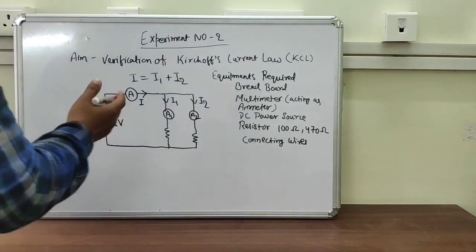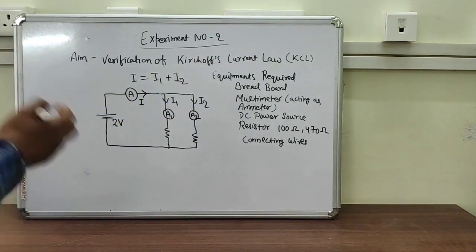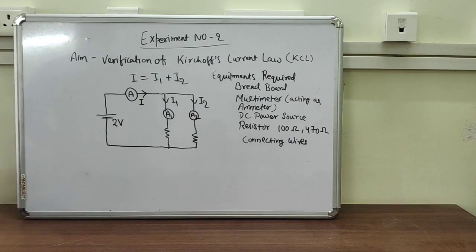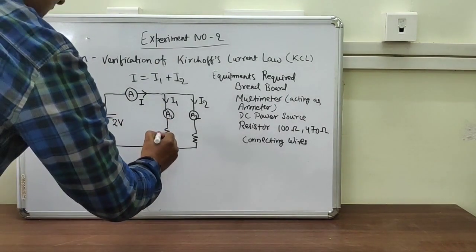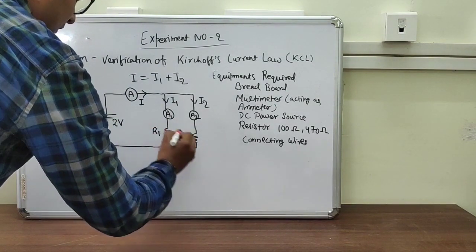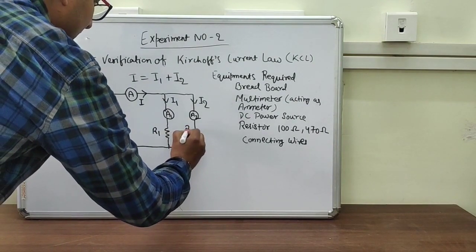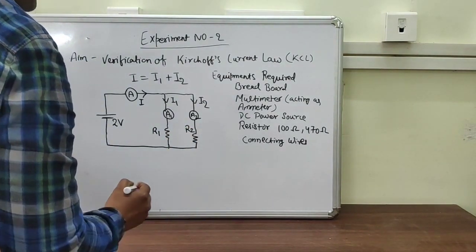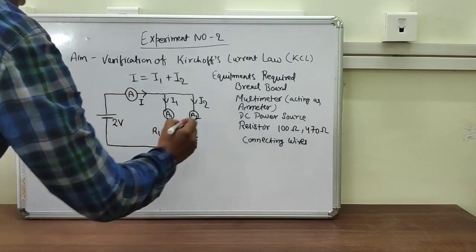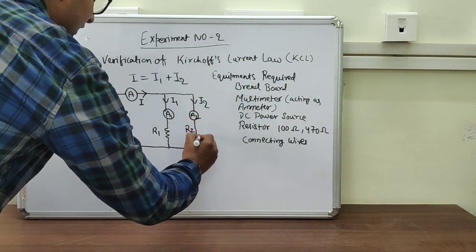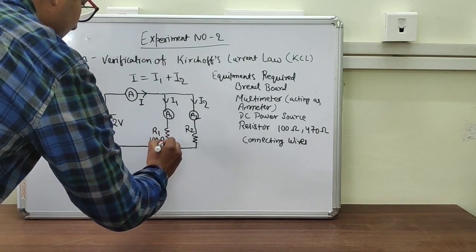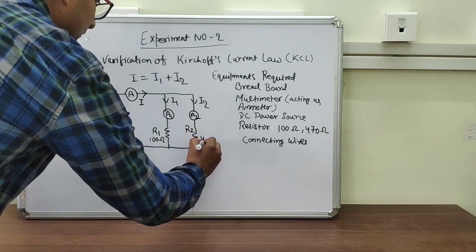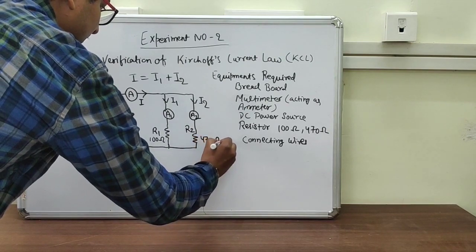If we prove this, then it will prove that this circuit complies with Kirchhoff's current law. Name this resistance R1 and this one R2. Take R1 as 100 ohm and R2 as 470 ohm.